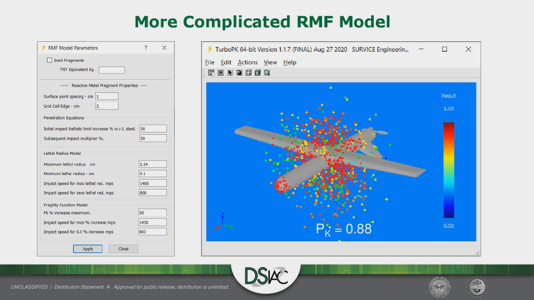The lethality on components that you hit is increased by 50% for 1,400 meters per second and no percent at 800. And you can play with this all you want. And that drops the pK numbers to 0.88, so not too much.